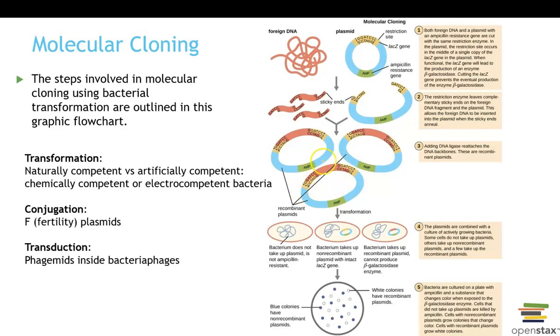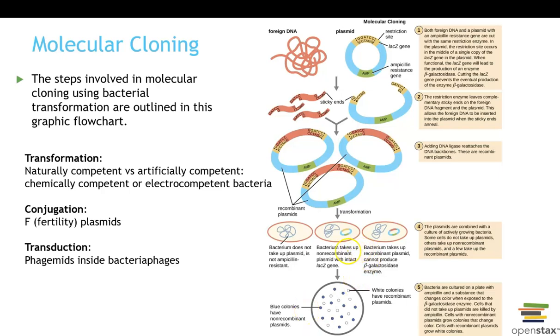Then we're going to transform this plasmid into the bacteria, and grow the bacteria on media that contains an antibiotic such as ampicillin, and also contains X-gal. If the bacteria doesn't take up the plasmid, it is not able to grow in the media with ampicillin, because it doesn't contain the ampicillin resistance gene.